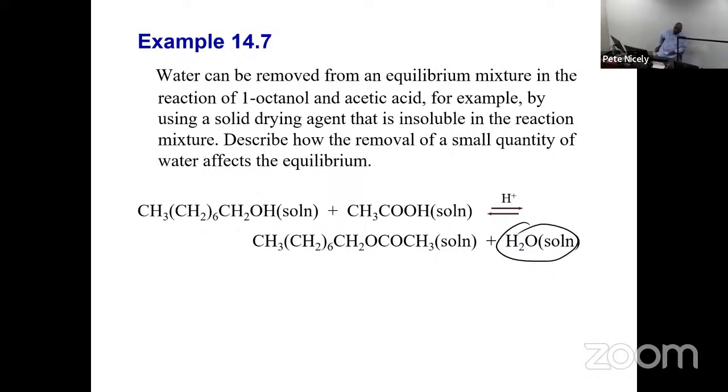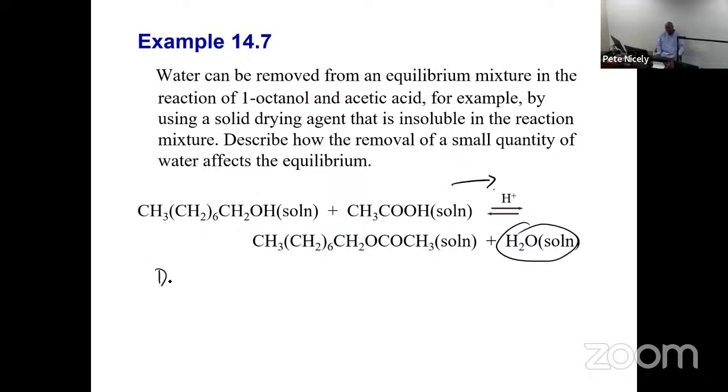So remember what Le Chatelier's principle says. Whatever you do to the system, it will try to do the opposite in order to restore equilibrium. So when you remove the water, you're disturbing equilibrium, right? So basically you're decreasing the concentration of the water. According to Le Chatelier's principle, the system will try to increase the concentration of water. So therefore, what will happen is that you're going to have a shift to the product, right?